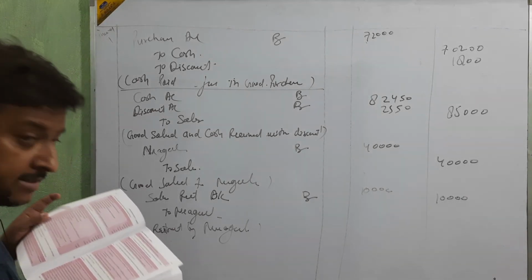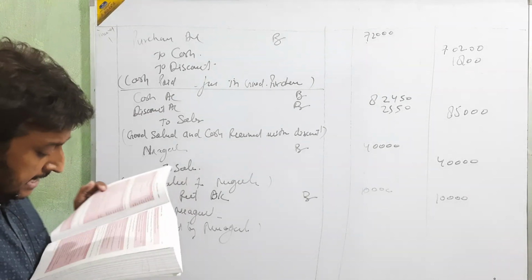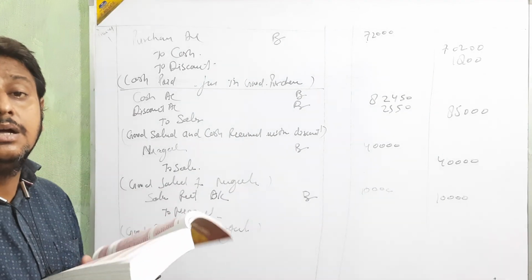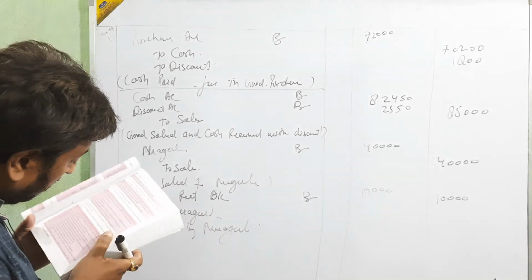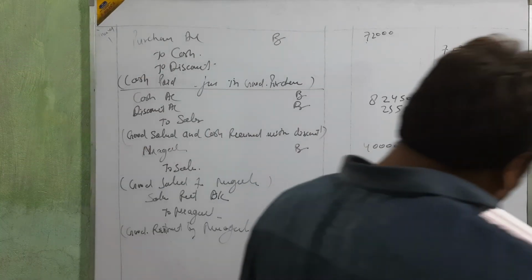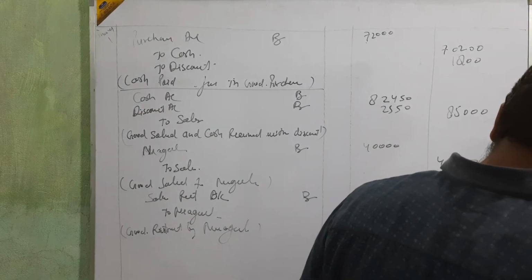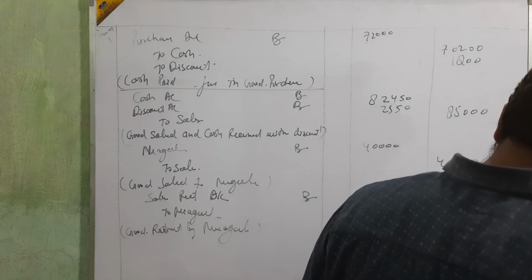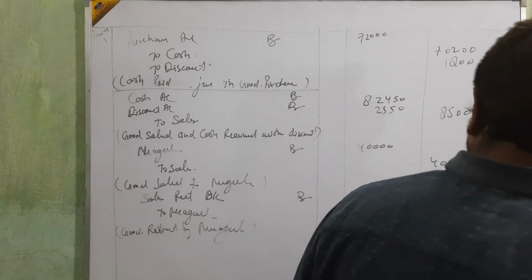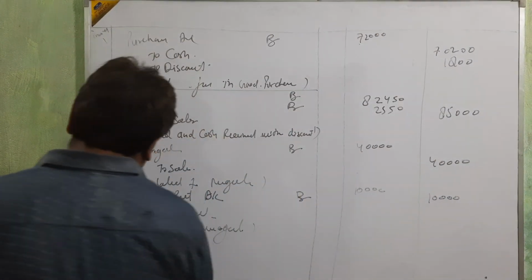Then Nigal paid the amount in settlement with a discount of 5%. Okay beta? Settlement with a discount of 5%.